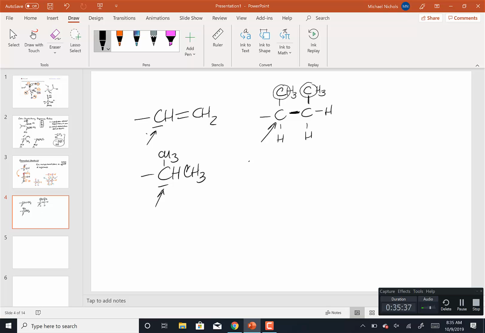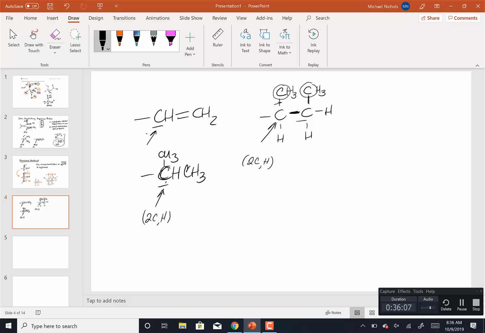This is why you go slow. 2 C's and an H. That's what's attached to that carbon. 2 C's and an H. What's attached to this carbon? Two C's and an H. So they are tied.